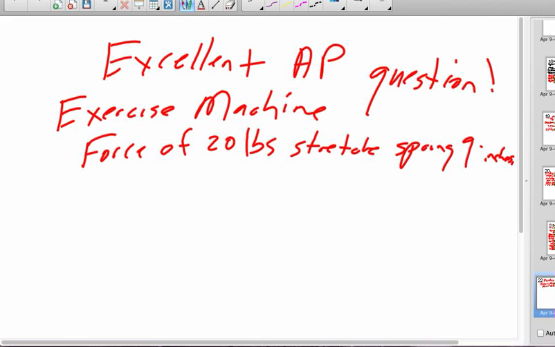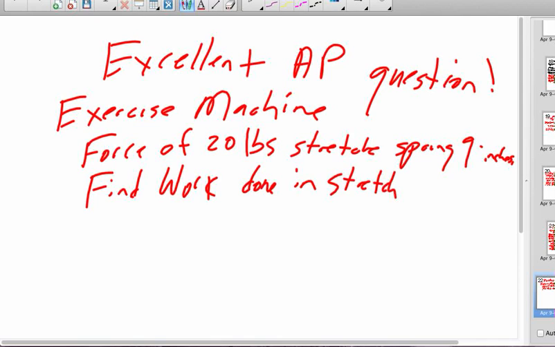You want to find the work done in stretching the spring one foot. Now you notice this is in inches, so we should convert this to 12 inches.